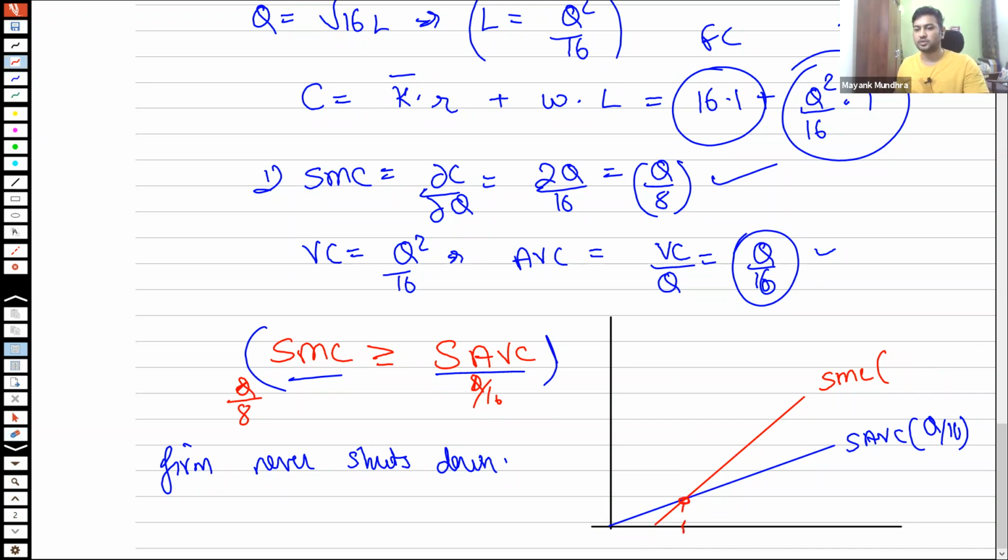Okay, so this would have been your shutdown quantity and this would have been your shutdown price. Had your short-run marginal cost been something else, then this could have been your shutdown price. So this is how you could find it in some situation.